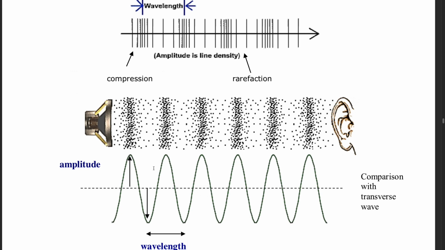We have the crests, the troughs, the amplitude being perpendicular, and the wavelength being the distance between two troughs in this case. However, for a longitudinal wave, the amplitude is not perpendicular but parallel, the wavelength is still the distance between two successive points, and the particles will move parallel to the wave direction, unlike a transverse wave where they will move perpendicular.